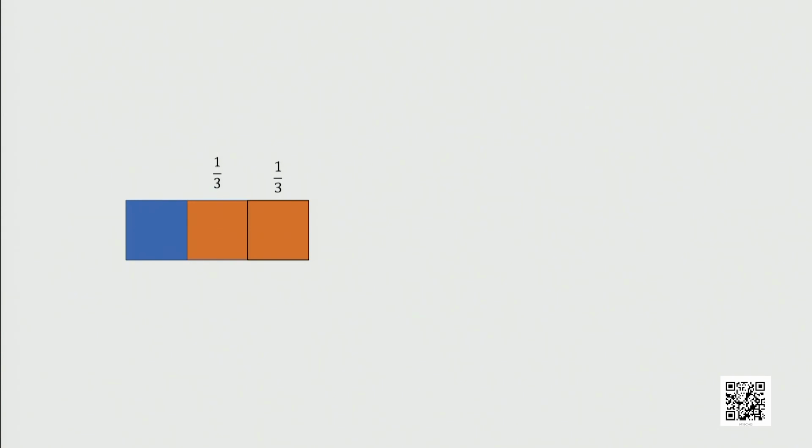Okay, now let us see this rectangle. You can see that we have divided the rectangle into 3 equal parts. Probably you have an answer for each part. Each part is known as 1/3. Now I am going to separate each part.